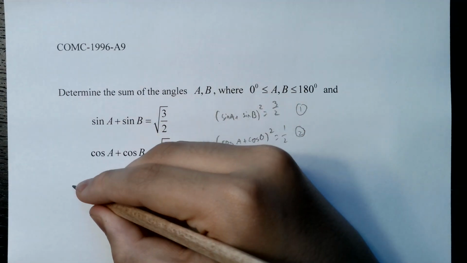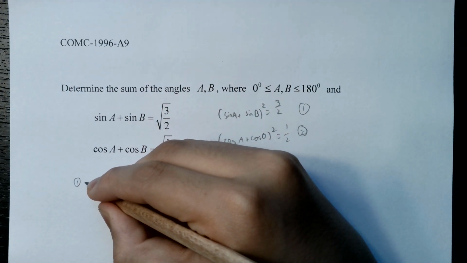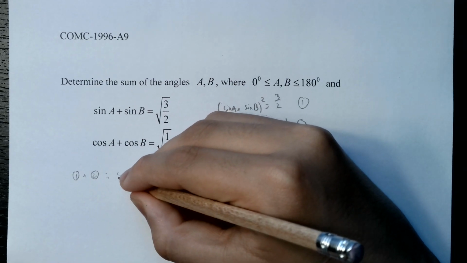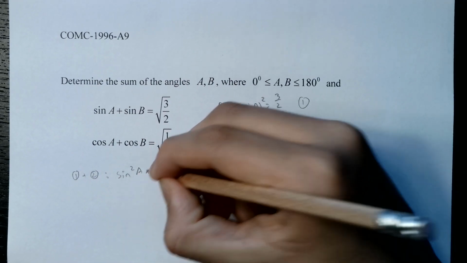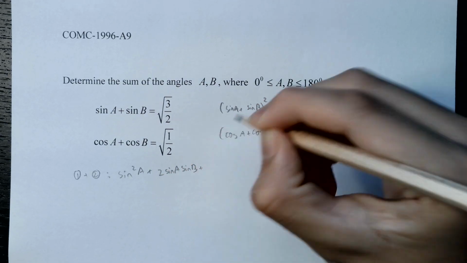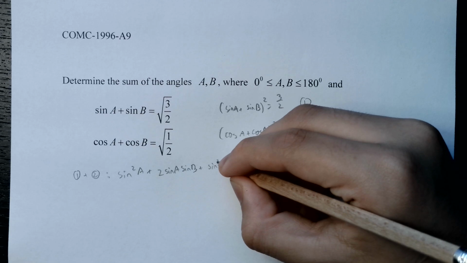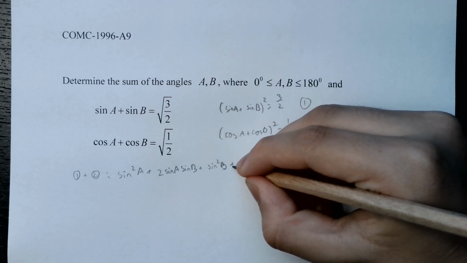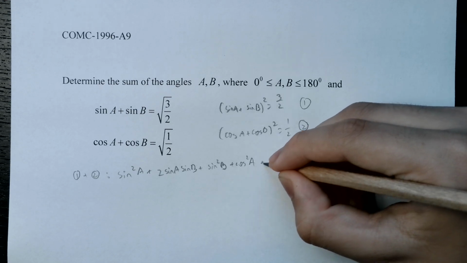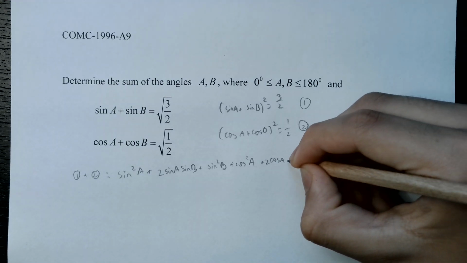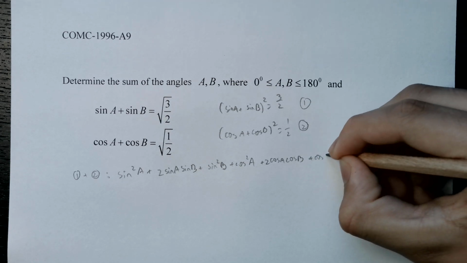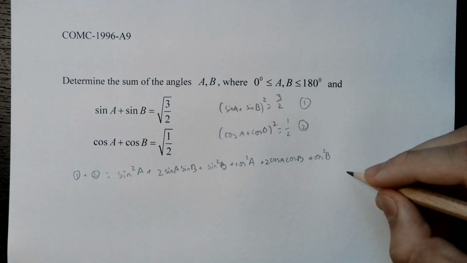Now we can see here that equation 1 plus equation 2 is going to be equal to sine A squared plus 2 sine A sine B plus sine B squared, plus cosine A squared plus 2 cosine A cosine B plus cosine B squared, and this is going to be equal to 2.